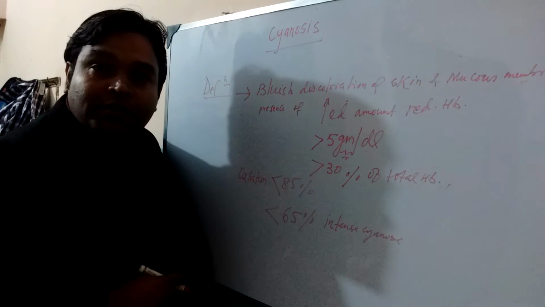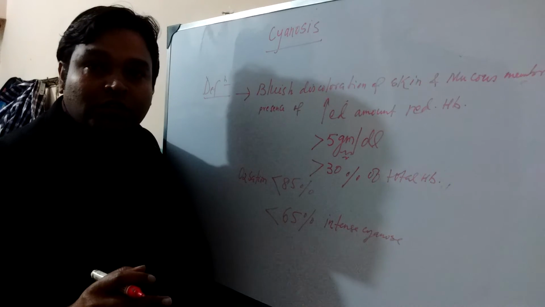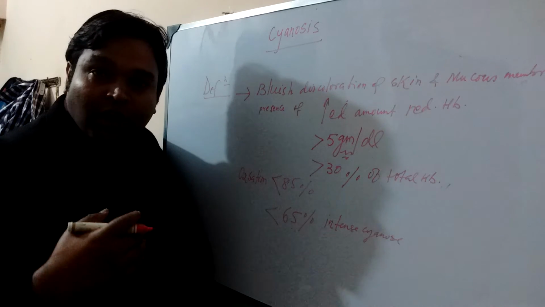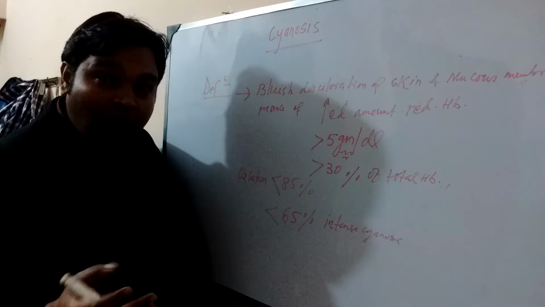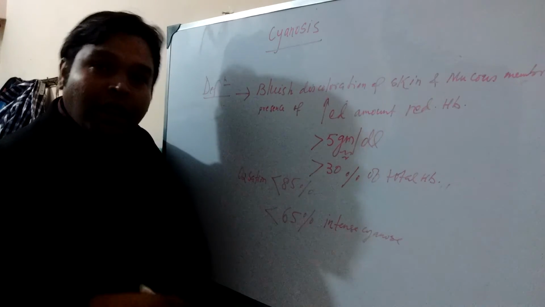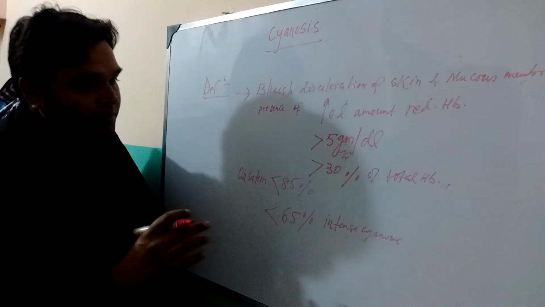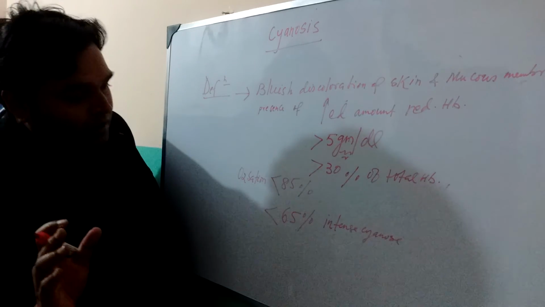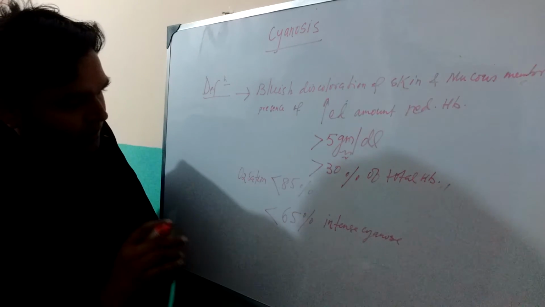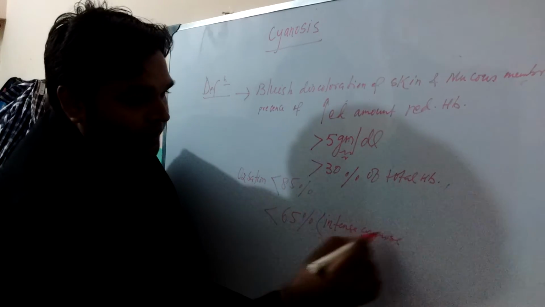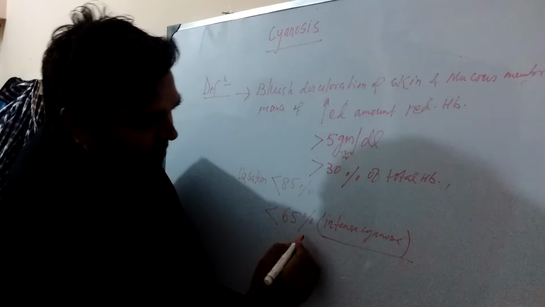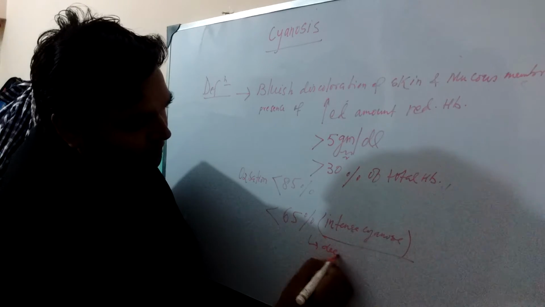Cyanotic spell is the complication of cyanosis. We will discuss the complication of cyanosis, or complication of the spell or recurrent spell, in another lecture. But here, less than 65% is very critical, and it may become very deep blue.